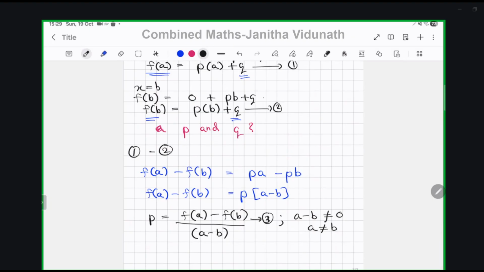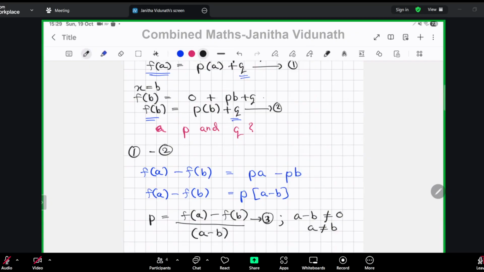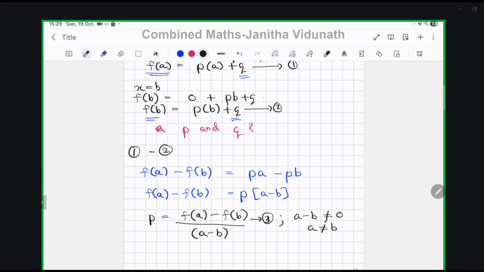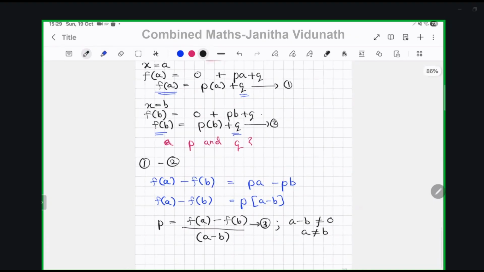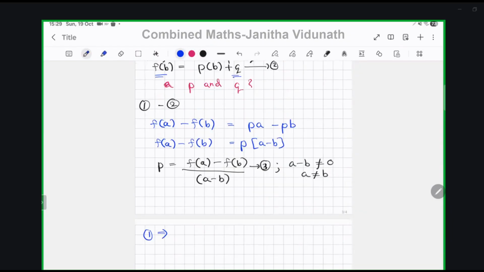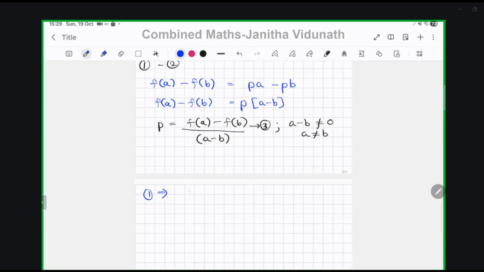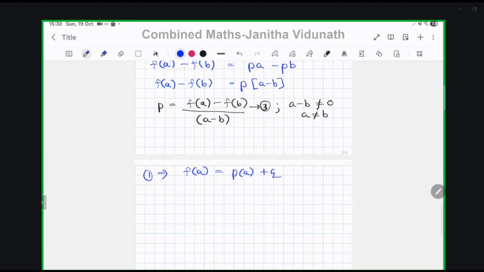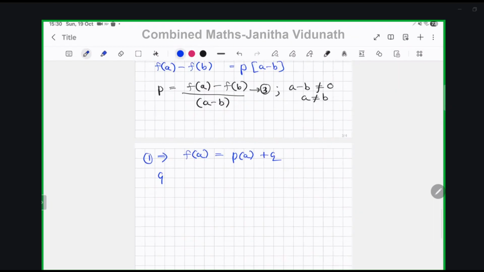Now we have already found the value of P. Now we need to find the value of Q, because we need to finalize our answer with Px plus Q. Now from equation 1, we have FA is equal to P times A plus Q. That means Q is equal to FA minus P times A.